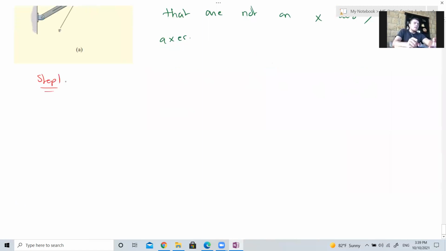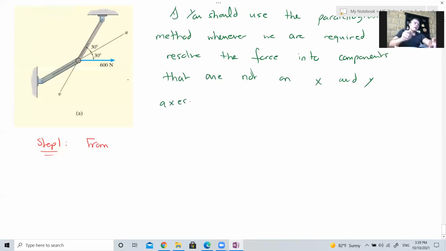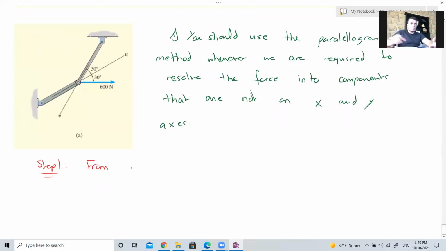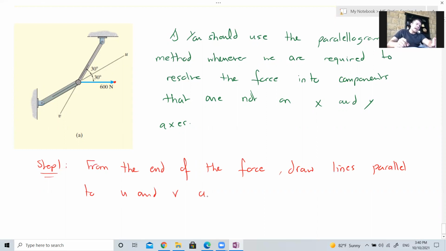Step 1: from the end of the force, from this point, draw lines parallel to the U and V axes. We draw a line like this, and another line like this.